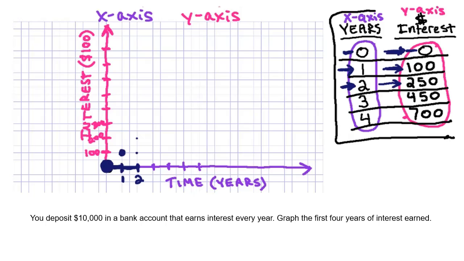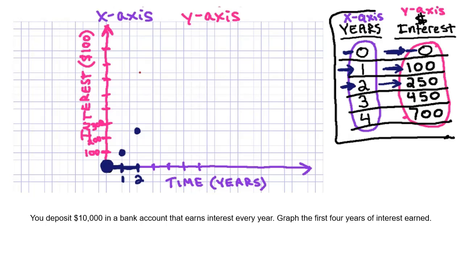Well, 250 is going to be in the middle between the 200 and the 300. And remember, we're in year 2, so that's going to be on this line in year 2. And $250 is going to be right here between the $200 and the $300. So that's going to be our next dot.